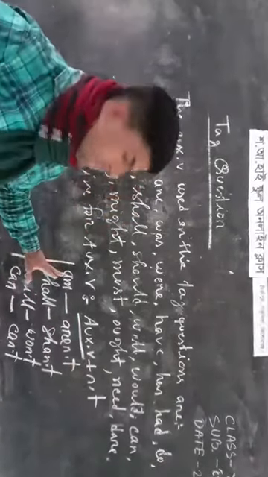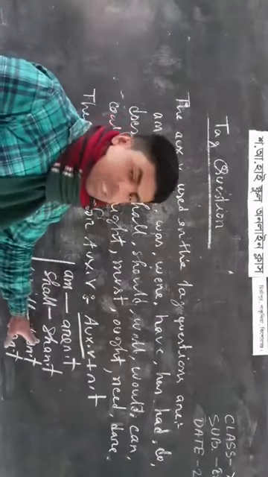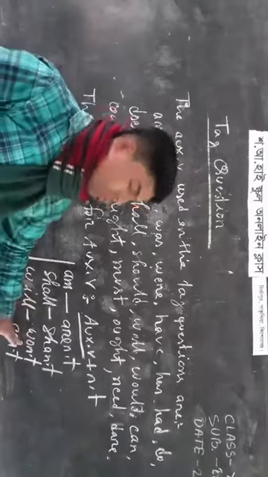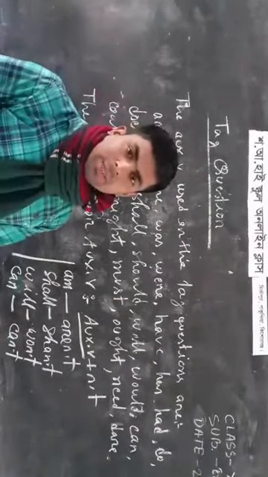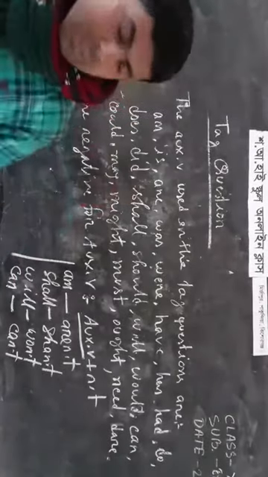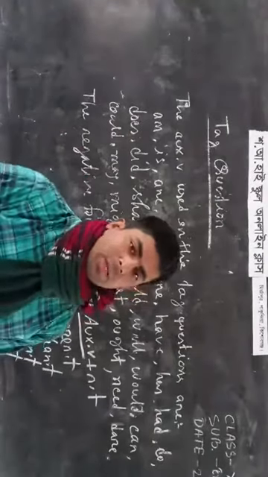If there is am, you have to use aren't. If there is shall, you have to use shan't. If there is will, you have to use won't. And if there is can, you should use can't. So now I will discuss how you make a tag question.